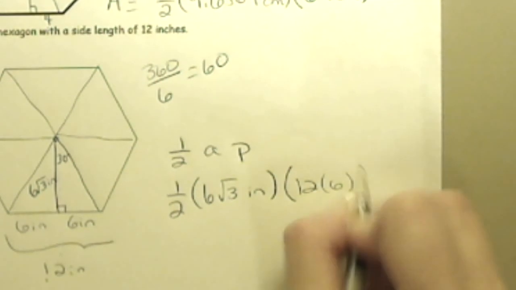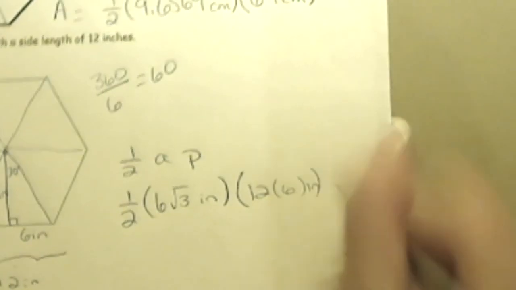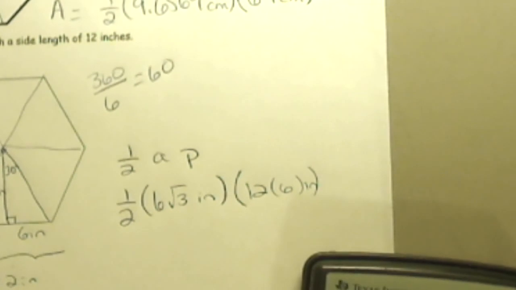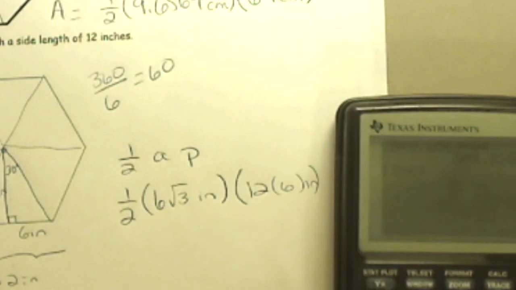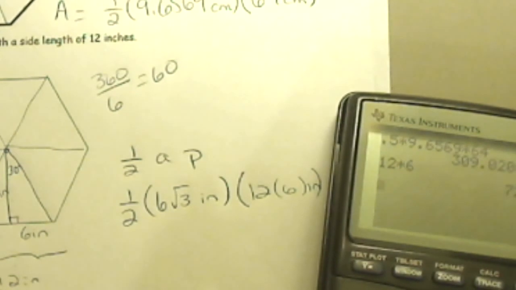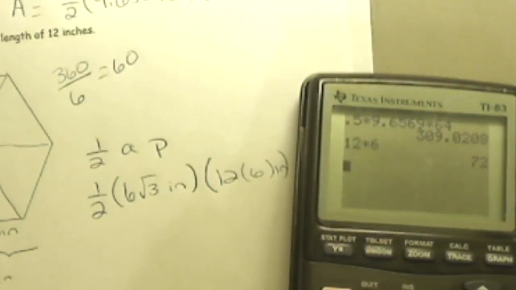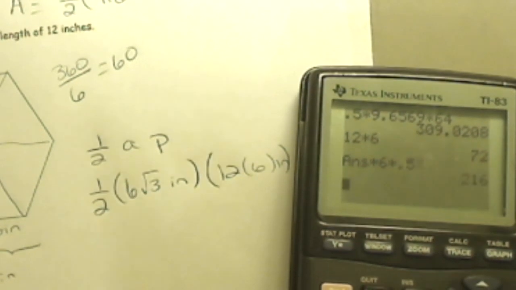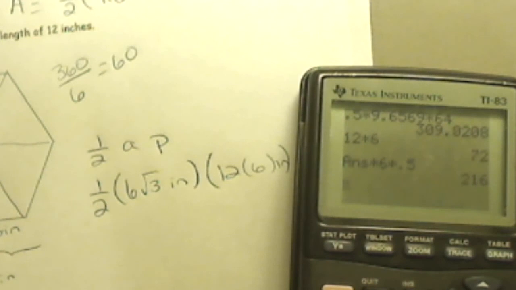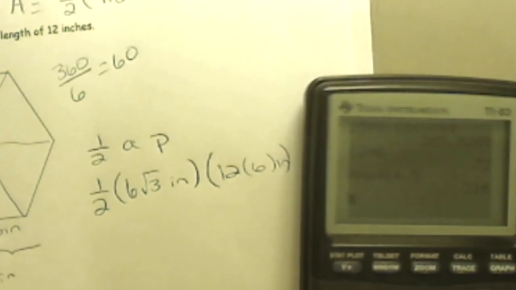So 12 times 6 is the perimeter of the entire thing, which is 72. I'm going to take that and multiply it by 6 and multiply it by 0.5. I'm multiplying everything except for the square root of 3, so I can leave it in simplest radical form.